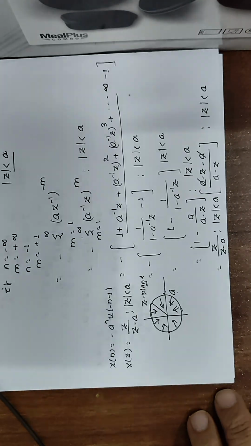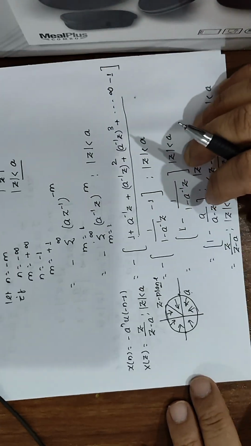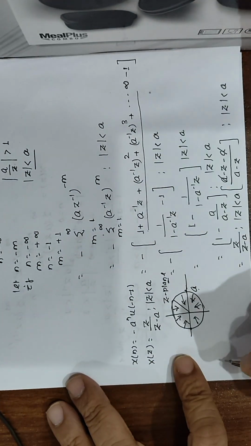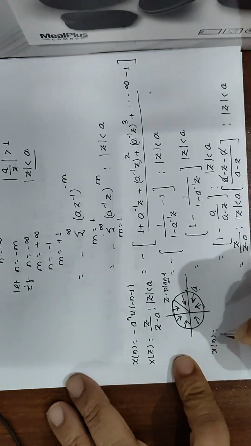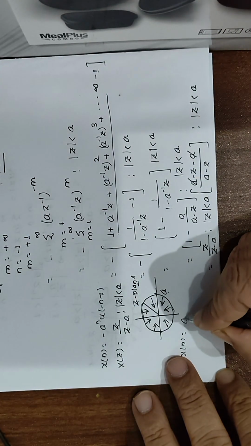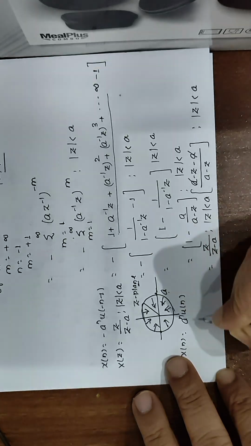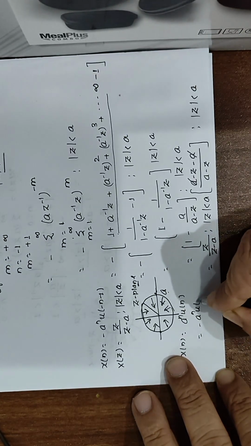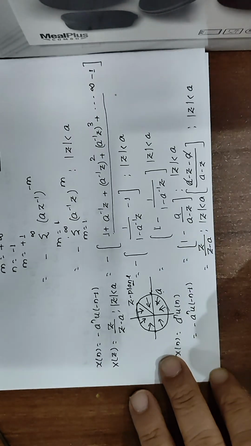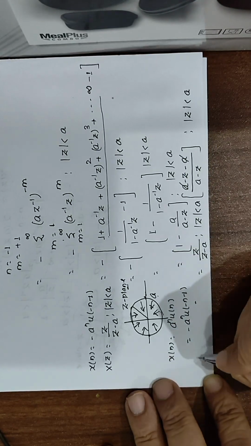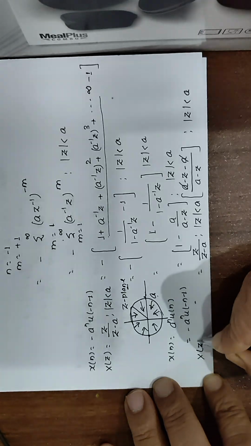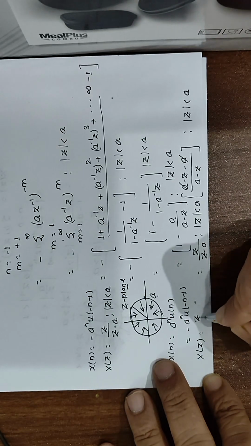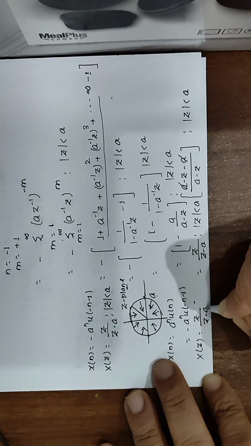So we have seen two sequences. One is the causal sequence x of n equal to a power n into u of n, and another one is minus a power n u of minus n minus 1, which is non-causal. Both have the same Z transform, z by z minus a.